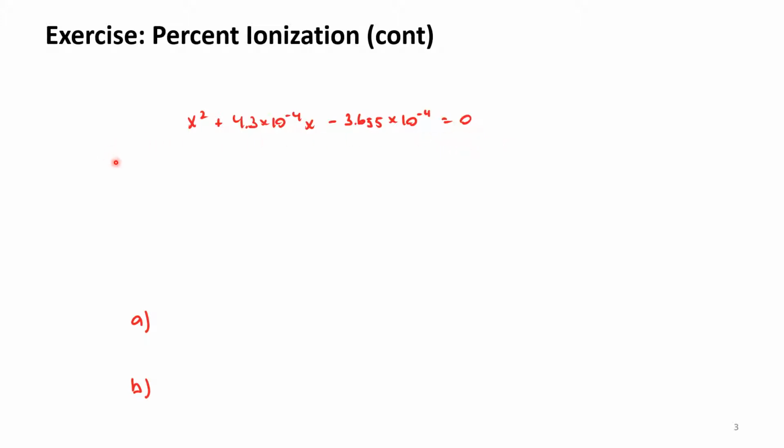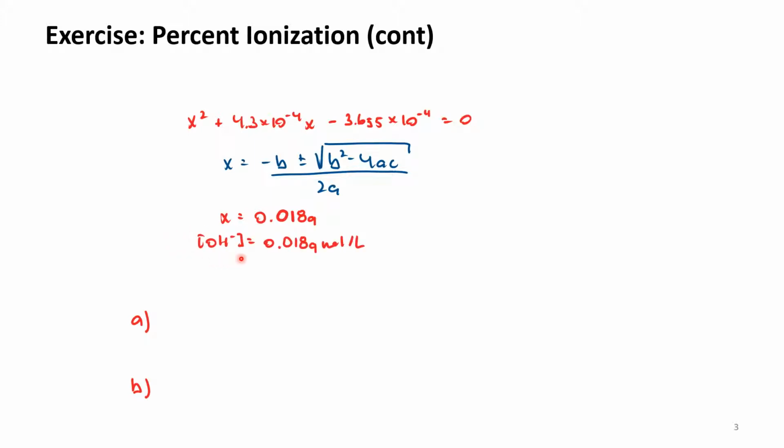The next step is to solve the quadratic equation using the quadratic formula, which is x equals negative b plus or minus the square root of b squared minus 4ac, all divided by 2a. And plugging those numbers into your calculator gives you a value of x equals 0.0189. And as you may recall, x equals the hydroxide concentration from our ICE table. So the hydroxide concentration is 0.0189 moles per liter.